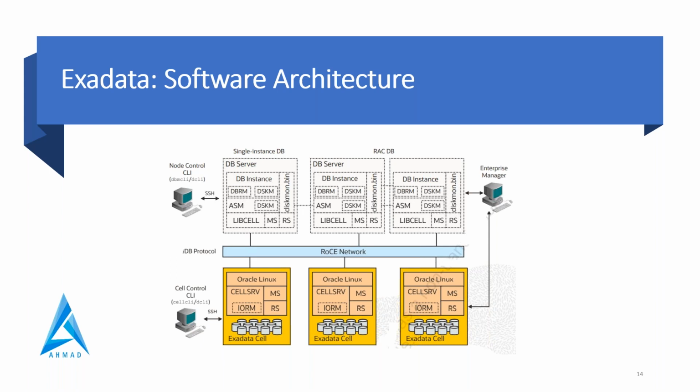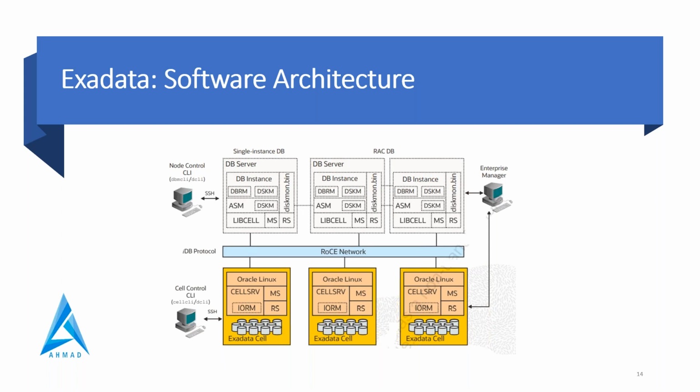So Oracle database and ASM processes use libcell to communicate with CellSRV, and libcell converts IO requests into messages that are sent to CellSRV by using the iDB protocol. And the management server provides Exadata cell management and configuration functions. It works in cooperation with the Exadata cell command line interface, that is CellCLI.